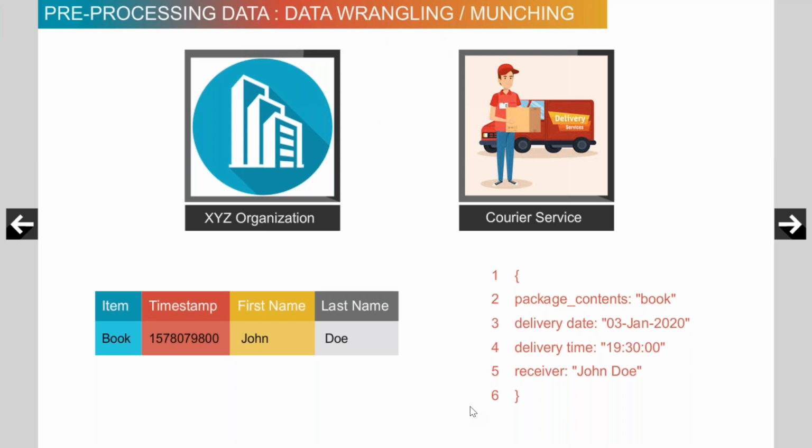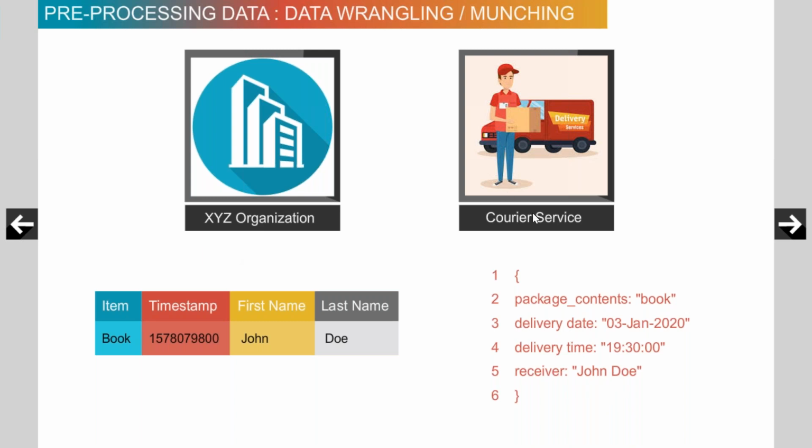Data wrangling. See, a courier service provides the data about a package in this format. What does the package contain, and on which day it was delivered, at which time, and then who received the parcel from the courier person. Now the same data are stored by the company.